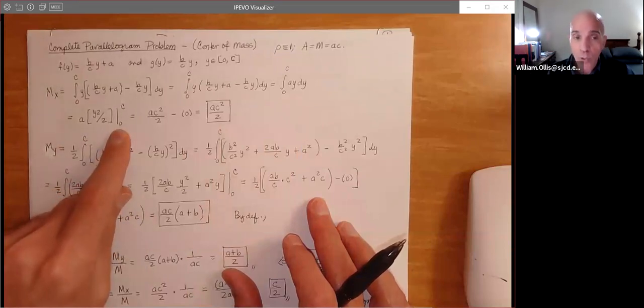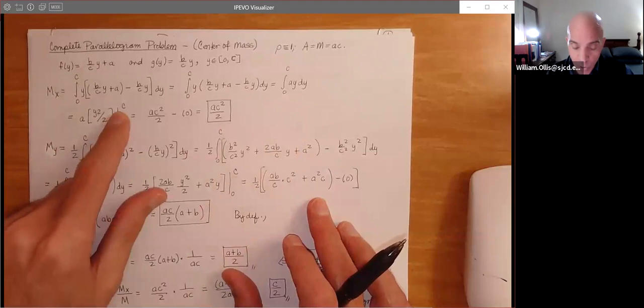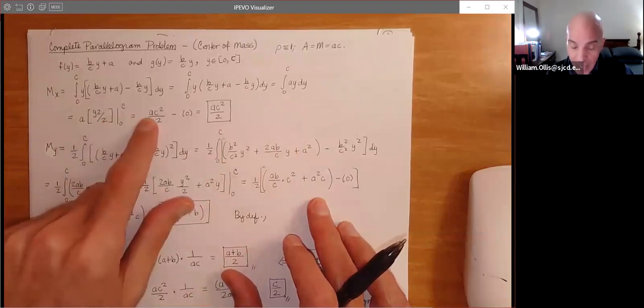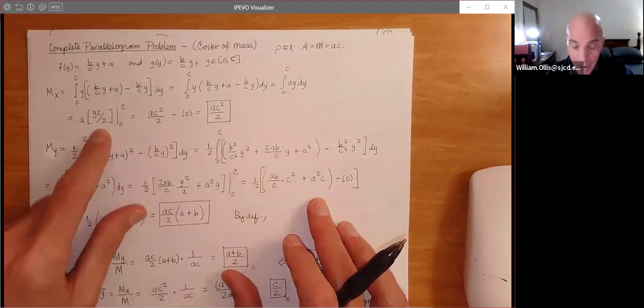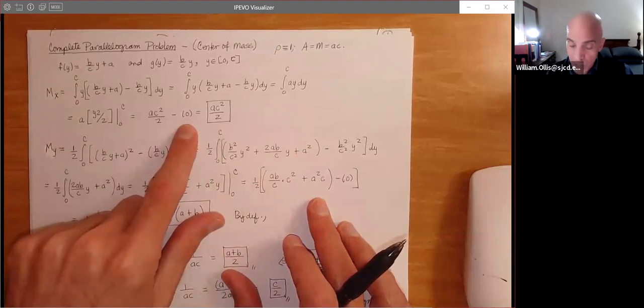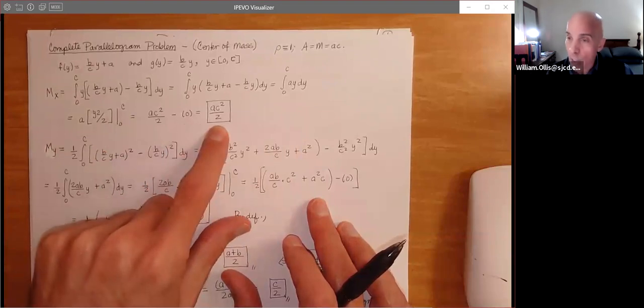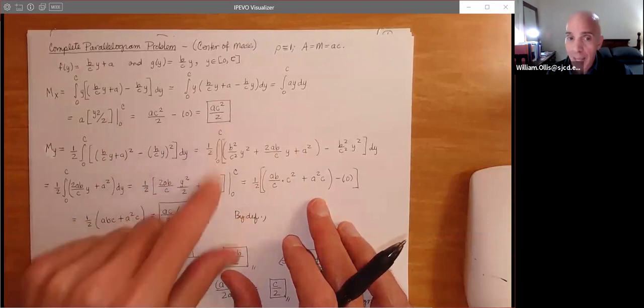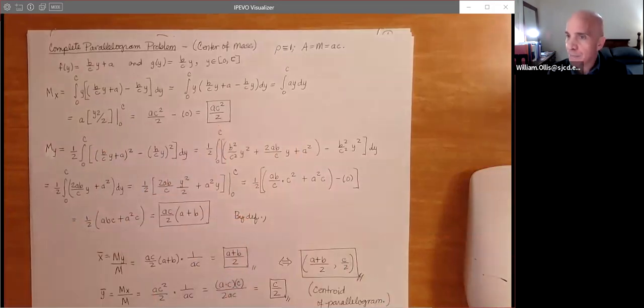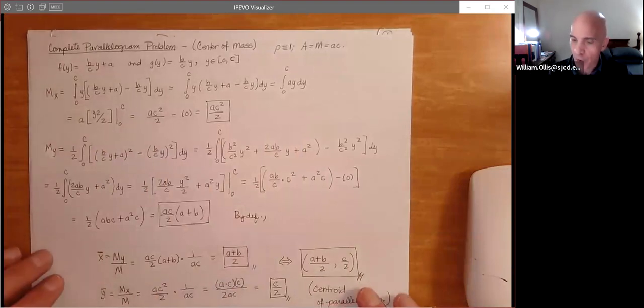And then, of course, the lower limit obliterates this, and we're just left with c. So we get a c squared over 2 minus the lower limit evaluation, which is 0, and get a c squared over 2. Okay? And the idea, again, is that you get an answer that you expect. It's funny, when you do these problems, there's a certain intuition involved.